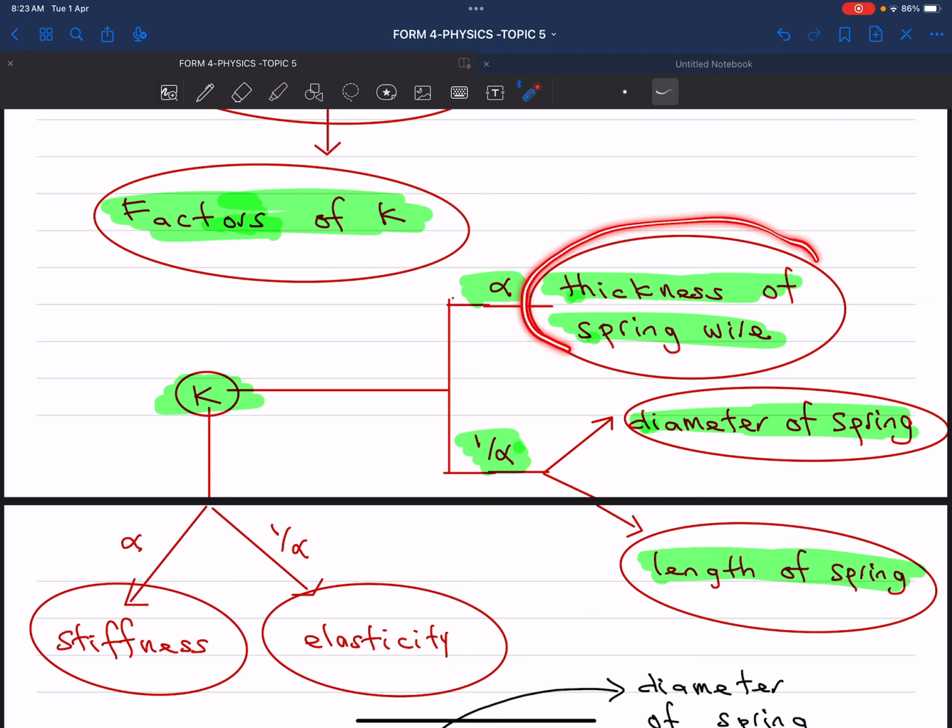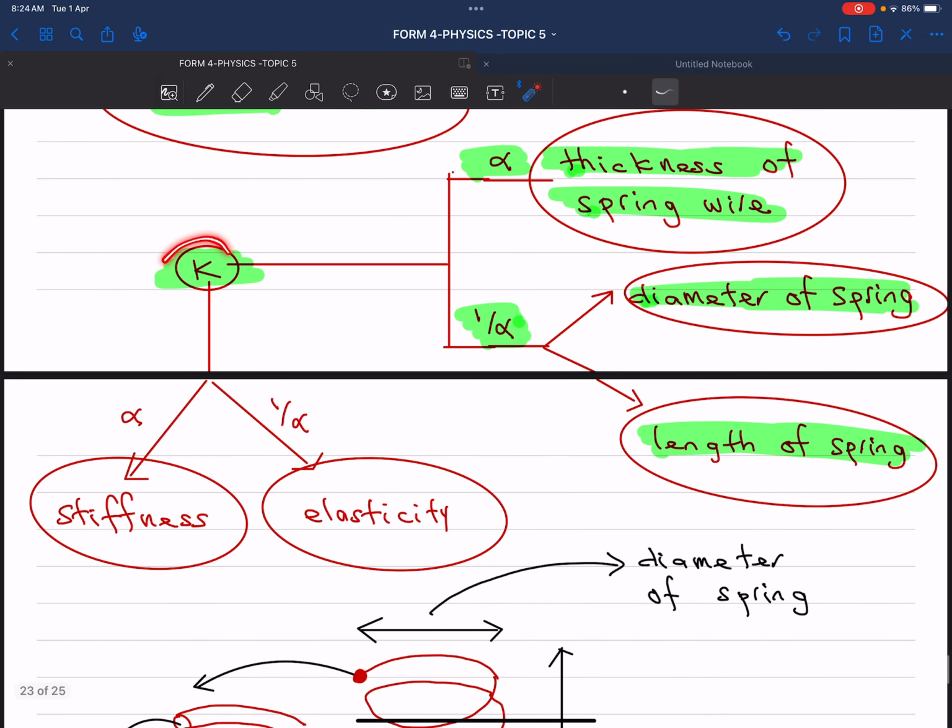I will explain these in a short while. K is also directly proportional to the stiffness, which means kekerasan, and inversely proportional to elasticity. We will learn elasticity in Form 5. For the time being, just memorize.